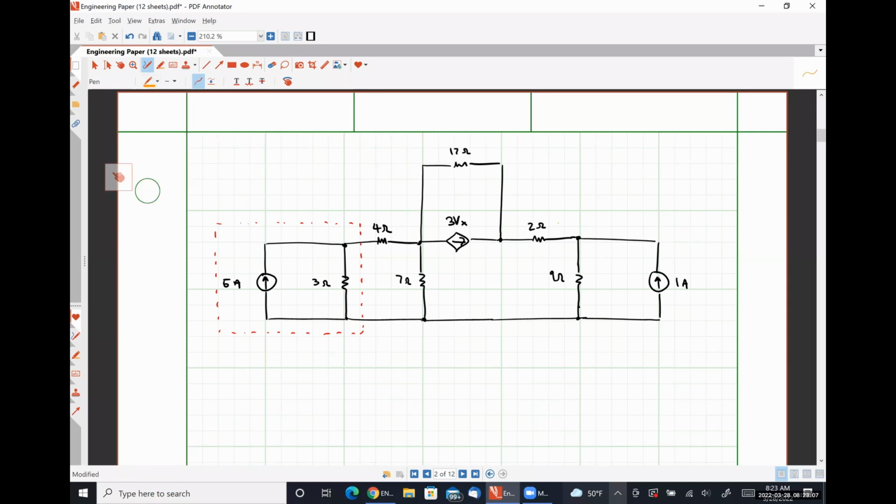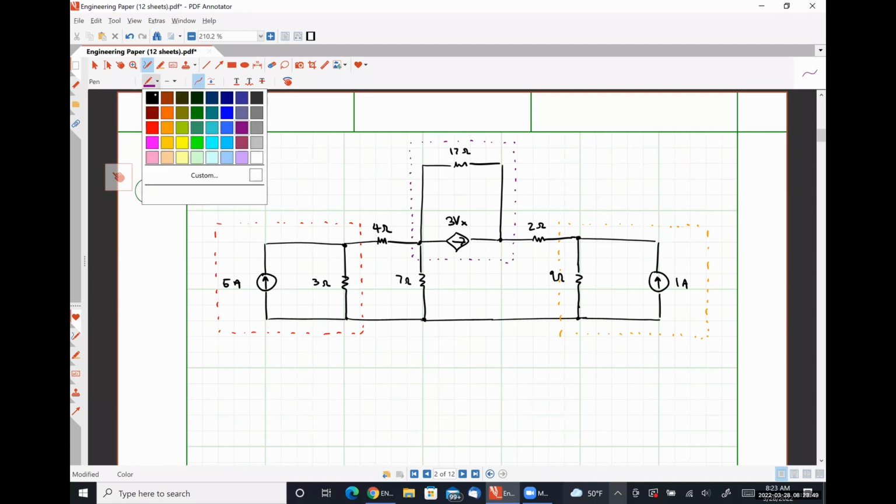Everything in this orange box is a practical current source. And even though there's a dependent source here, because I have a current source in parallel with a resistor, everything in this purple box is also a practical current source. So let's look at the one on the left first.